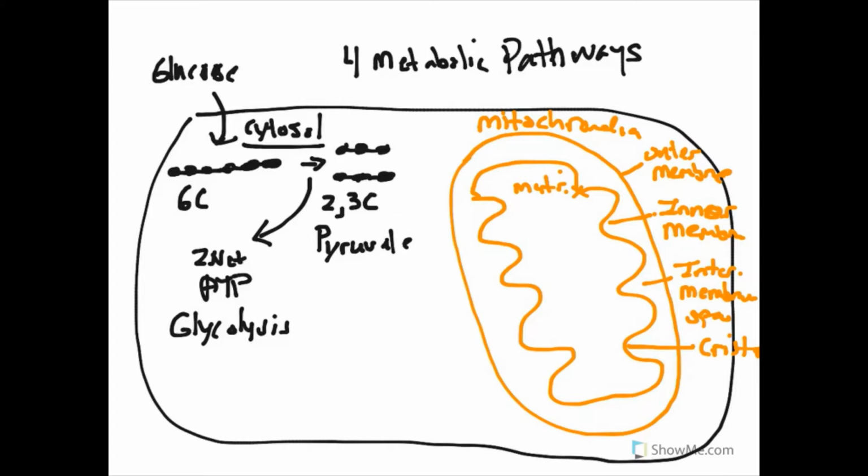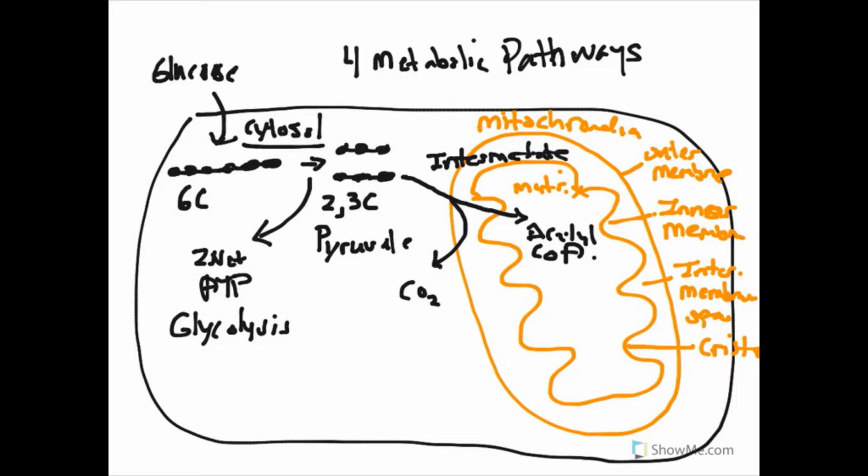So let's take one and follow this pyruvate. We're going to bring this pyruvate in, and there will be some CO2 given off by this chemical reaction, and a process that occurs that makes something called acetyl coenzyme A. This chemical reaction, this metabolic pathway, is called the intermediate reaction.